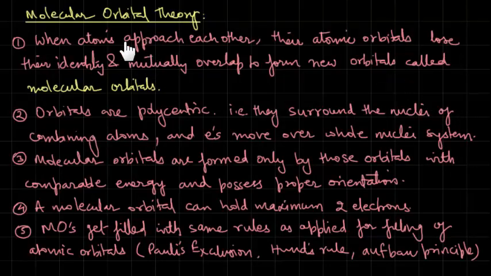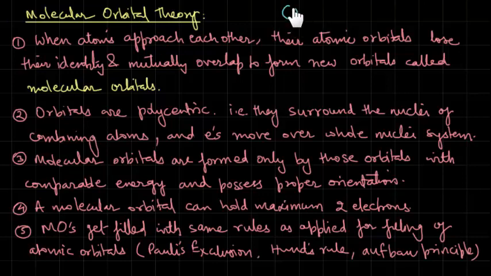So till now we were talking about atomic orbitals and their overlap, and in the diagrams which we drew, we retained the shape of the orbitals. But in reality the original orbitals actually lose their shapes and eventually form something called a molecular orbital.